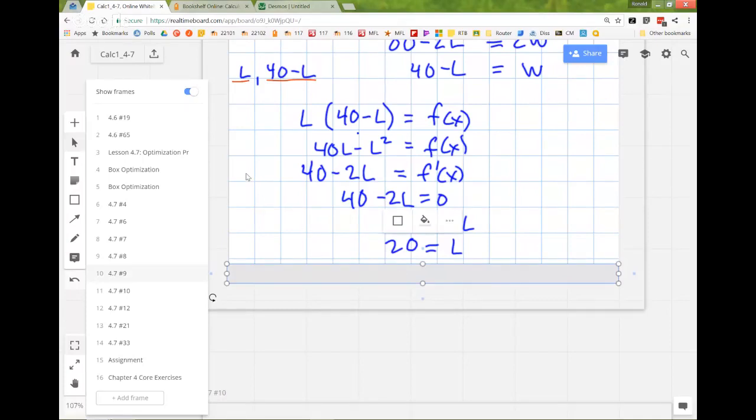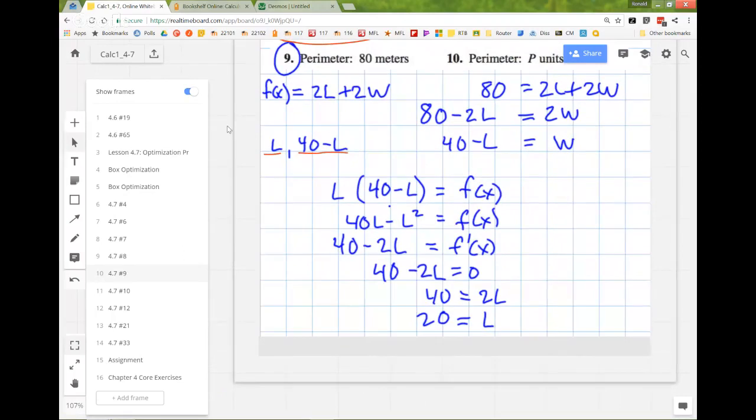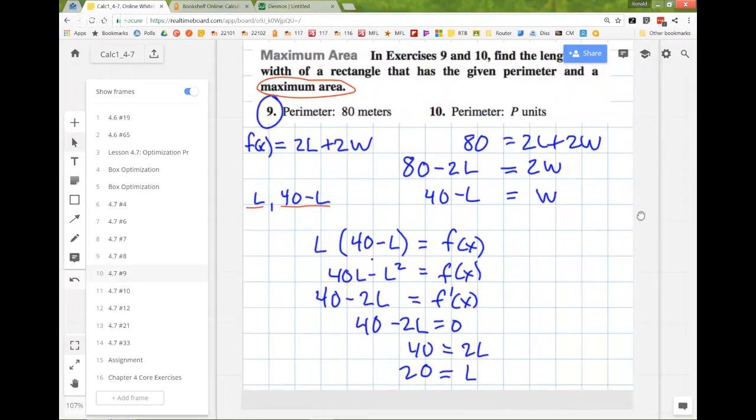Okay, so the length of this rectangle is 20. Now you tell me, if the length is 20, what's the width? You look up here, what's 40 minus 20? 20. So in other words, it's 20 by 20. So for this, you're going to find this is often true. When you want to find a maximum or a minimum and it deals with a rectangle, it almost always turns out to be a square.